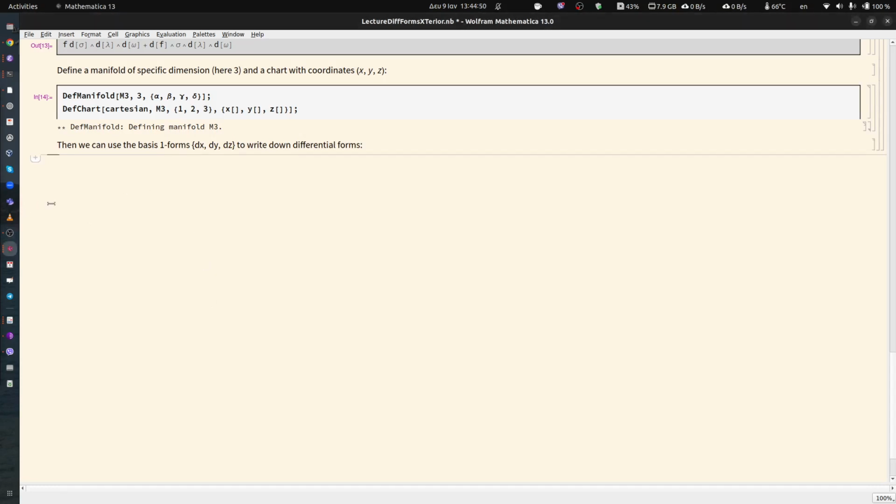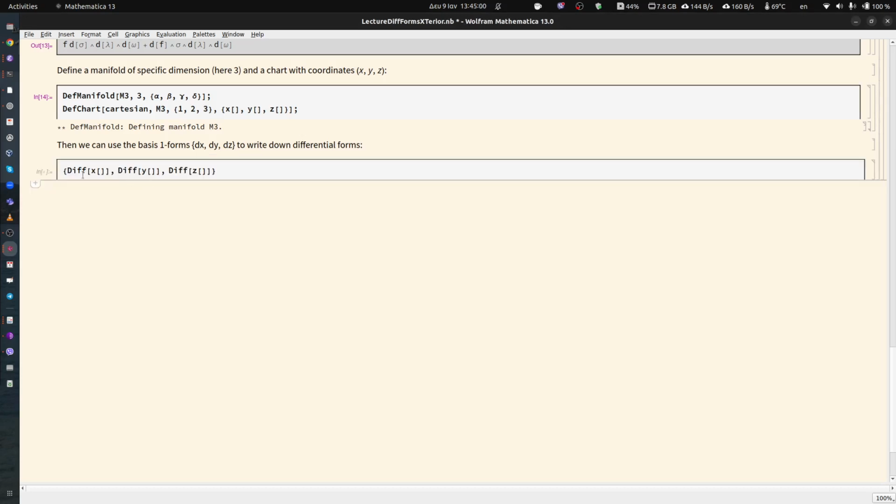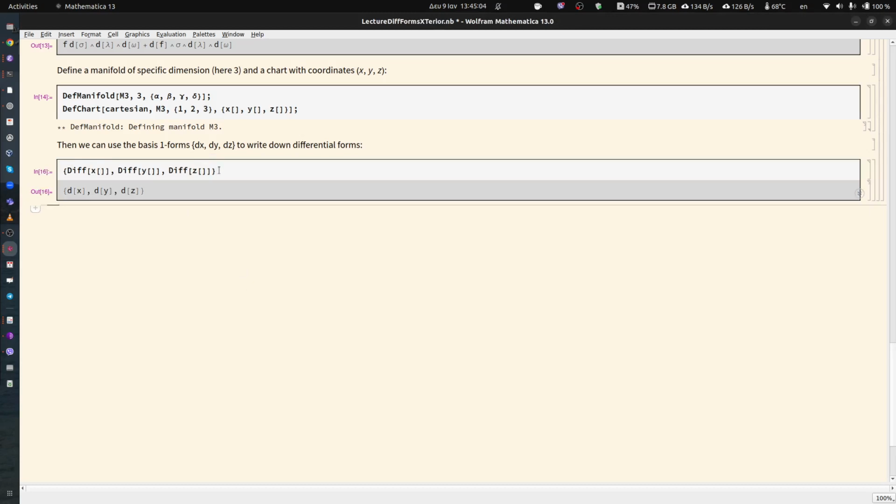And now let's use this definition to write a simple expression that has the coordinate 1 forms in this chart. So this is dx, dy, and dz, and these are obtained by acting with diff on the zero forms x, y, and z, which are the coordinate functions.